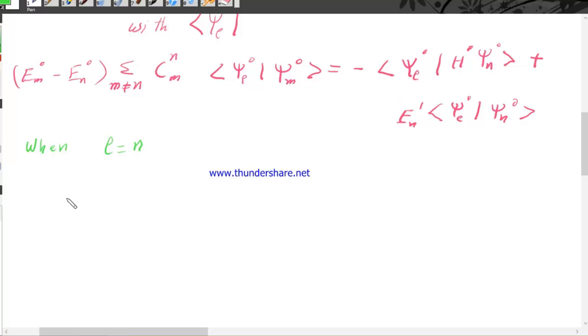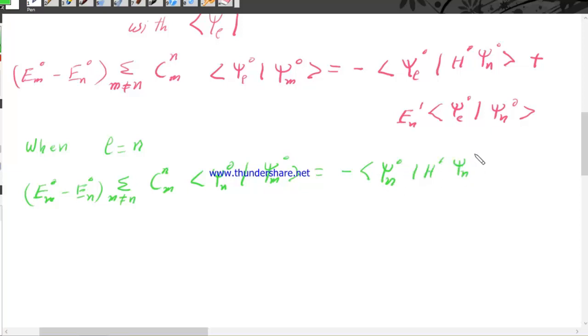Then this equation can be written as the sum over m not equal to n, where m is n because we are taking l equal to n, and then ψn0 minus ψn0 H' ψn0, plus En1 ψn0 ψn0.